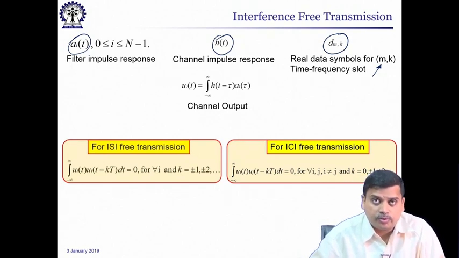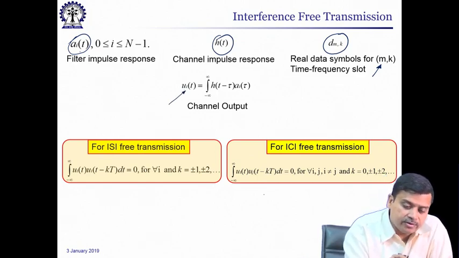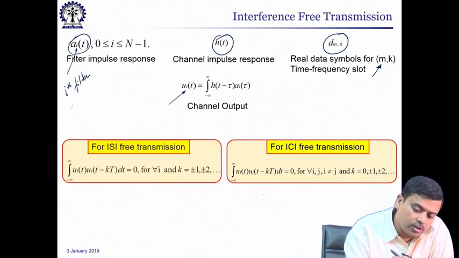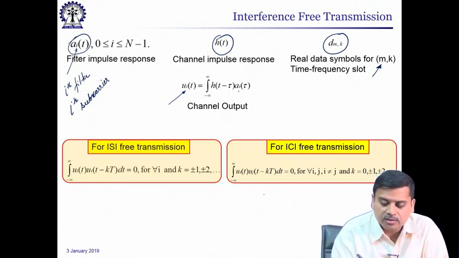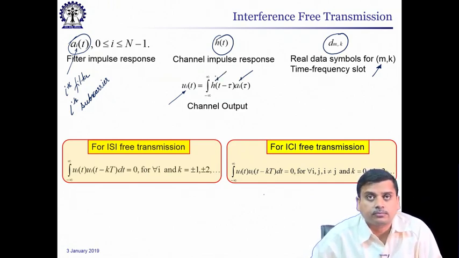So, the channel output in time domain can be given as u_i(t), that is the ith subcarrier. Here you are seeing the ith filter or the ith subcarrier, okay, and that is a convolution of the filter impulse response and the channel impulse response.